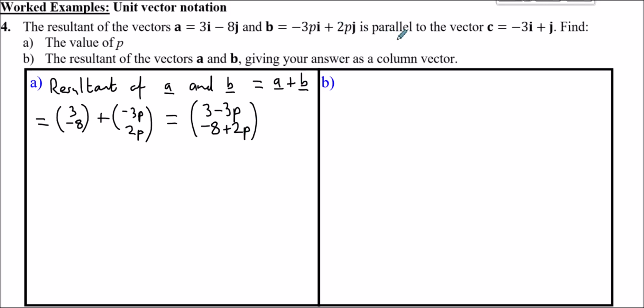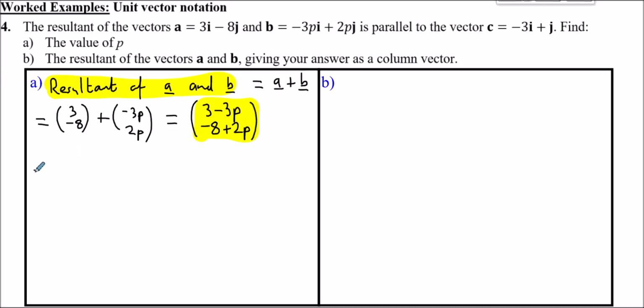So this is parallel to the vector c. Okay, so the resultant of a and b, which we just worked out is this, is parallel to c.